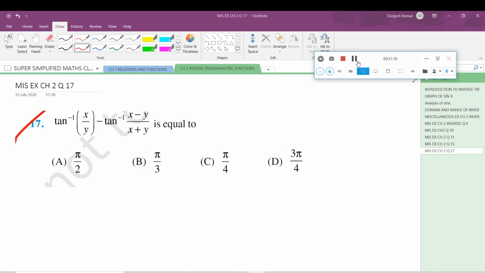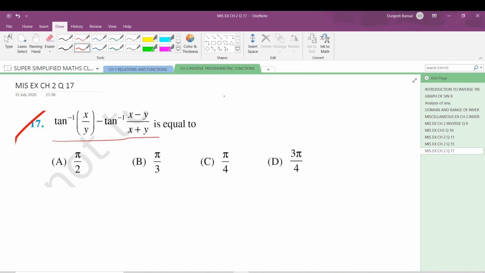Now let us move to question number 17. Now in question 17, you have to find the value of this expression. Now I am going to make a substitution. First of all, before the substitution, here in this expression, I divide the numerator and denominator by 1. So the given expression becomes tan inverse x by y minus tan inverse of x by y minus 1 divided by x by y plus 1.